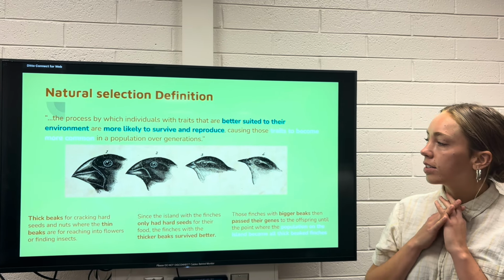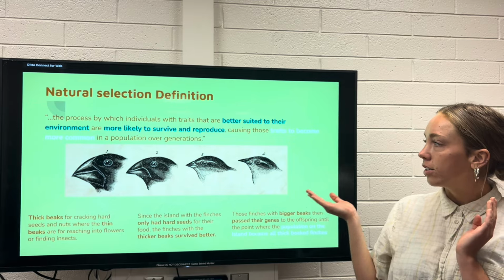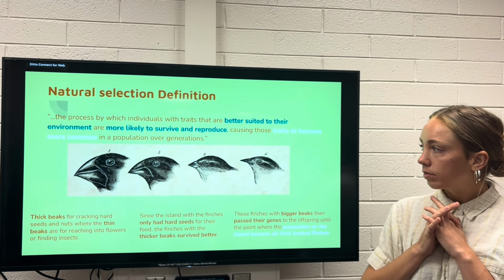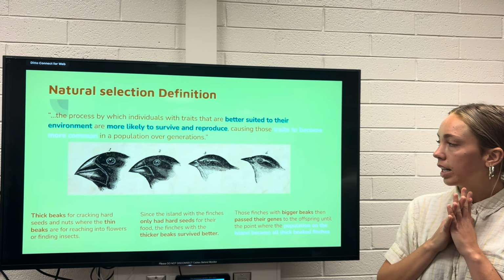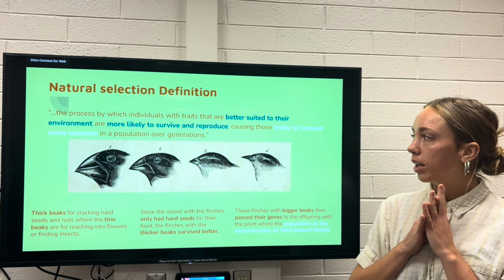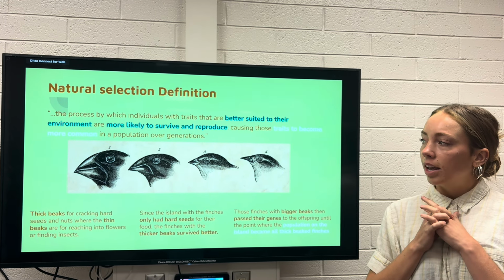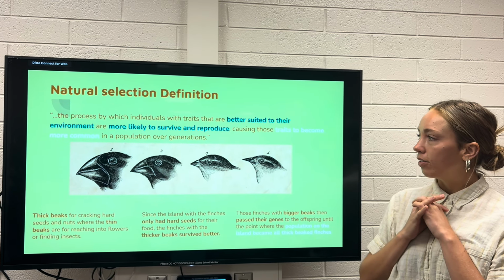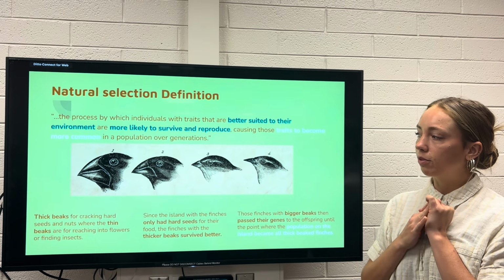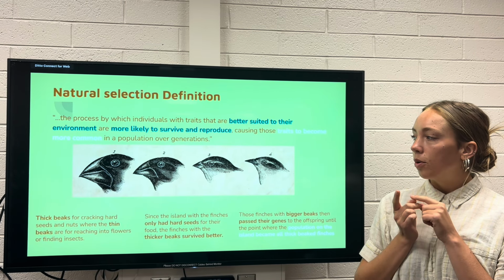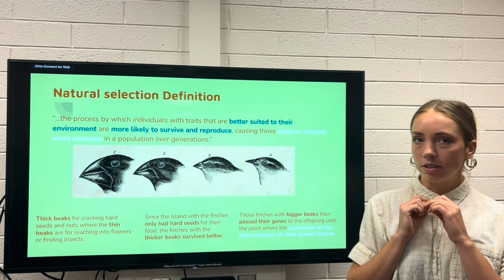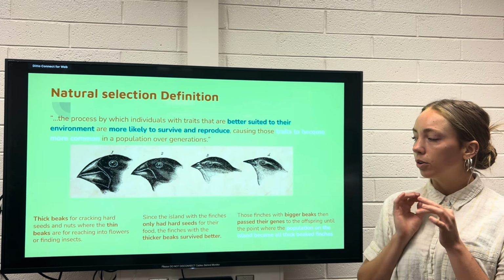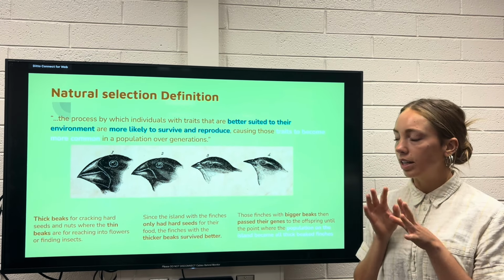An example of this is the finches that Darwin observed. On the island there was a variety of finches at the beginning that had different beak sizes, and different beak sizes allowed them to have advantages when it came to finding food. The thick beaks were better for cracking open hard seeds and nuts, whereas the thin ones were meant for reaching to flowers or finding insects.